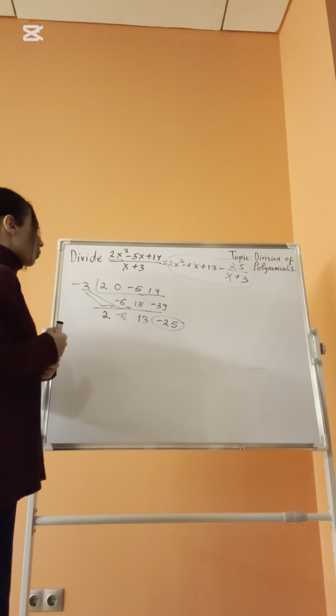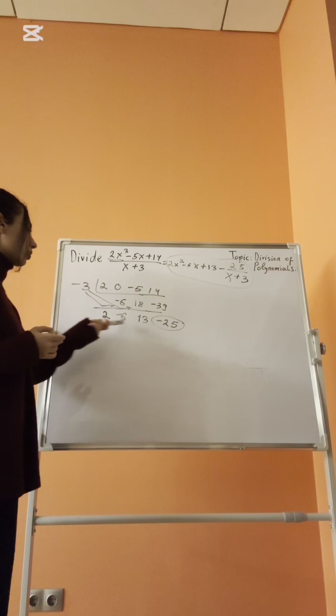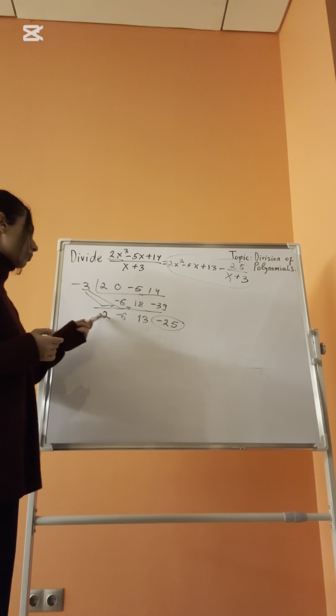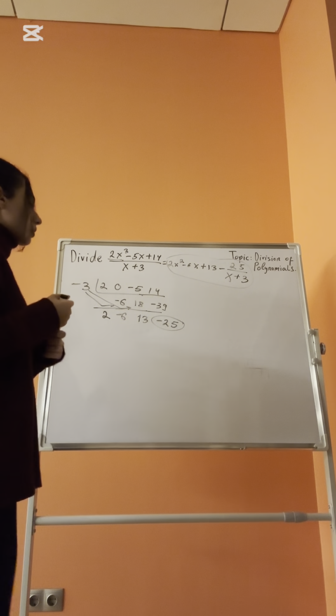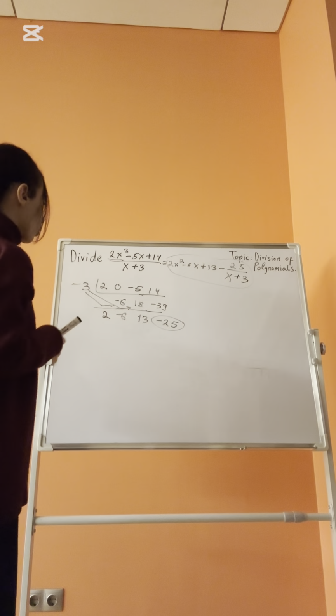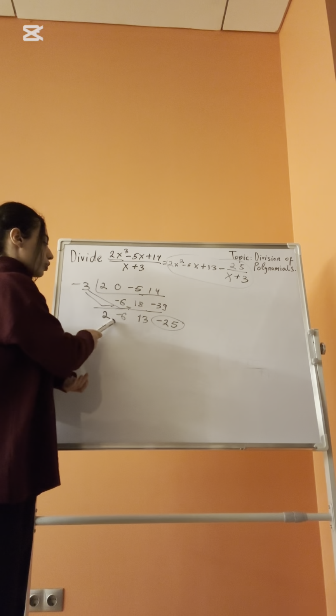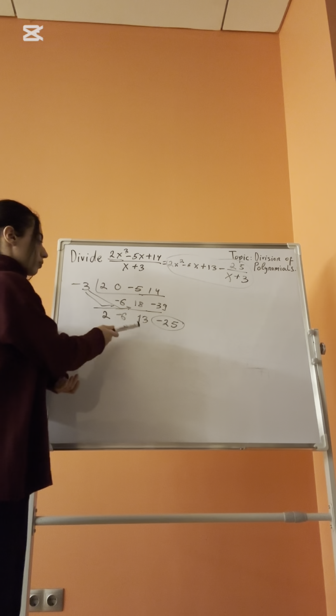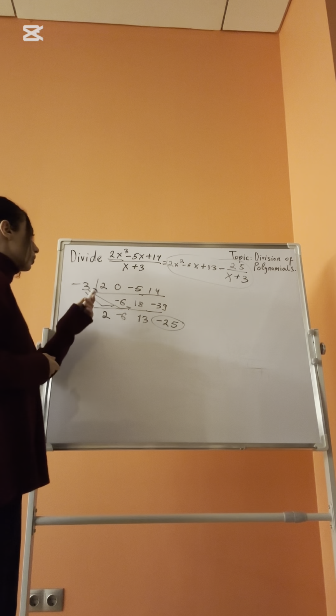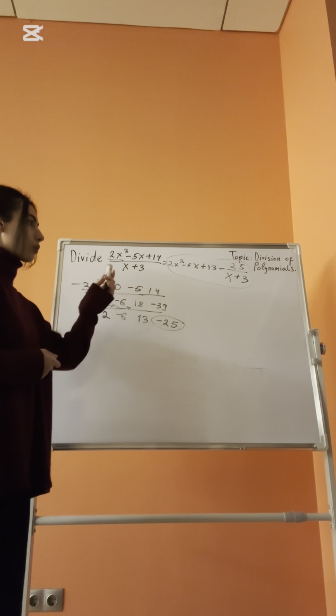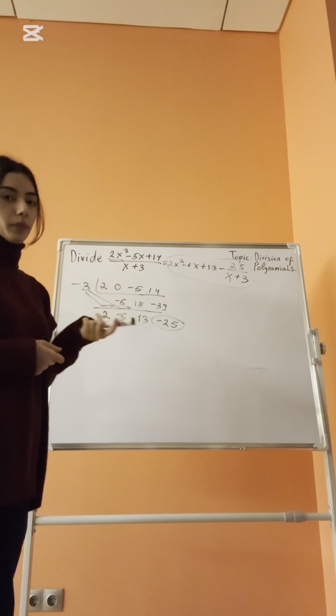So you're wondering what those numbers are, it's again the coefficients. But how do we know the coefficient of which term are those numbers? So here 2 is originally the coefficient of 2x to the power of 3.